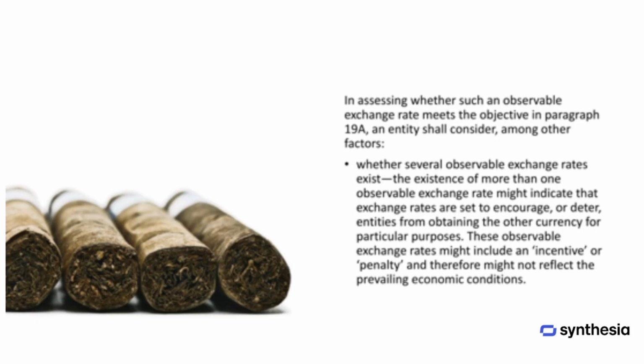For example, authorities might set different exchange rates to encourage or discourage certain types of currency use, like promoting imports or limiting capital outflows. In these cases, some of the observable rates might include incentives or penalties. This means they don't necessarily reflect the true market value or the actual economic conditions at the time. So, even if a rate is visible and published, an entity needs to judge whether it really represents a fair and neutral estimate of what the spot exchange rate would have been, not just a rate set for a specific policy goal.